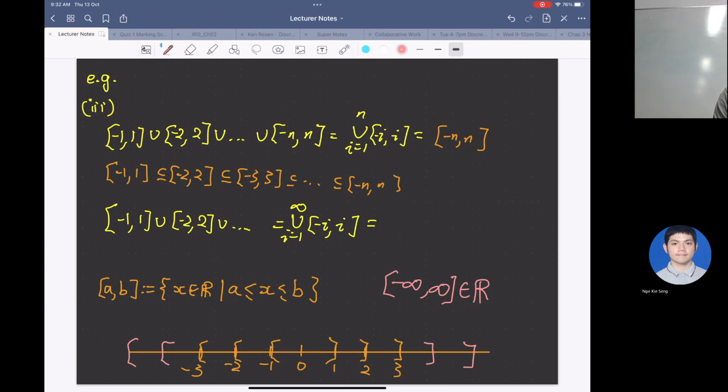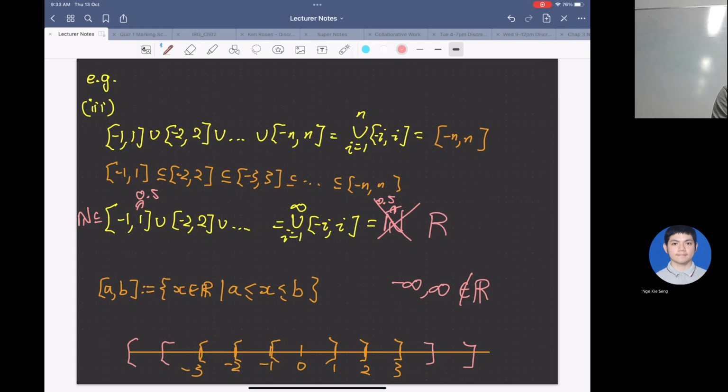These two are not numbers. And is it n? No, it's not n, because 0.5 is in here, but 0.5 is not in n. It contains n, so n is a subset of this infinite set.